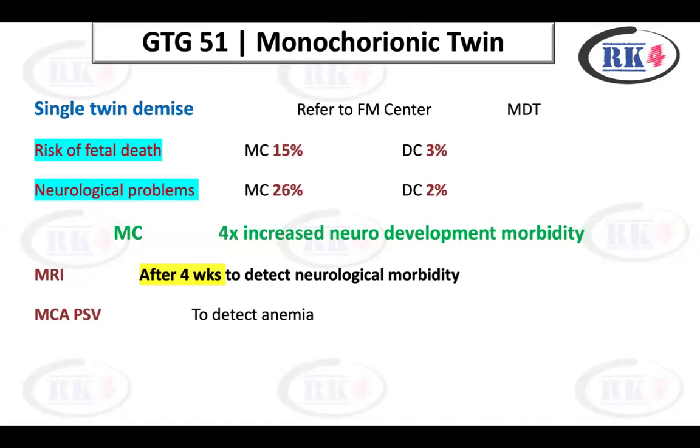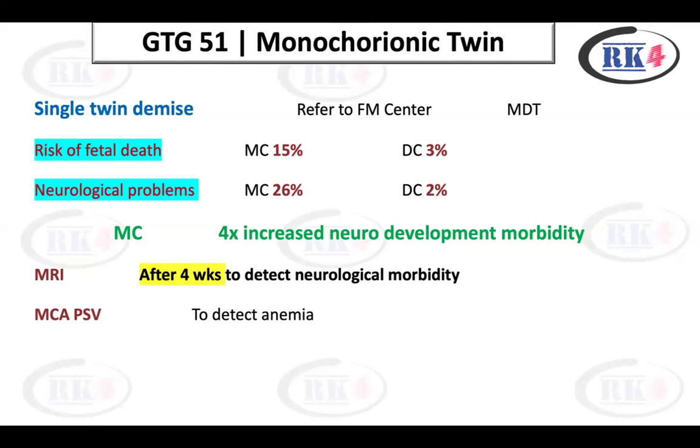At the time of the acute insult or acute event, the baby will be okay. But the neurological morbidity will take some time for the surviving twin to develop. So that is why we do MRI after 4 weeks.